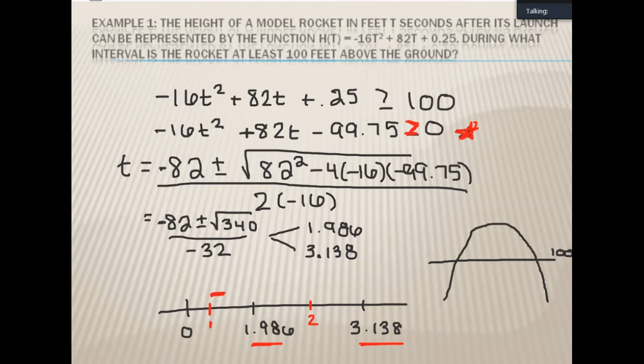And we get 0.25, which is positive, which is greater than or equal to 0, which means that from 1.986 to 3.138 is part of my interval solution, because the graph will be greater than or equal to 100.